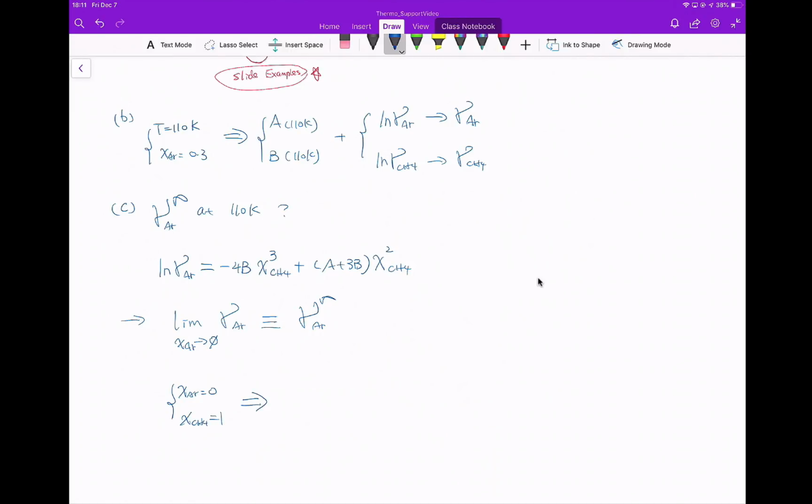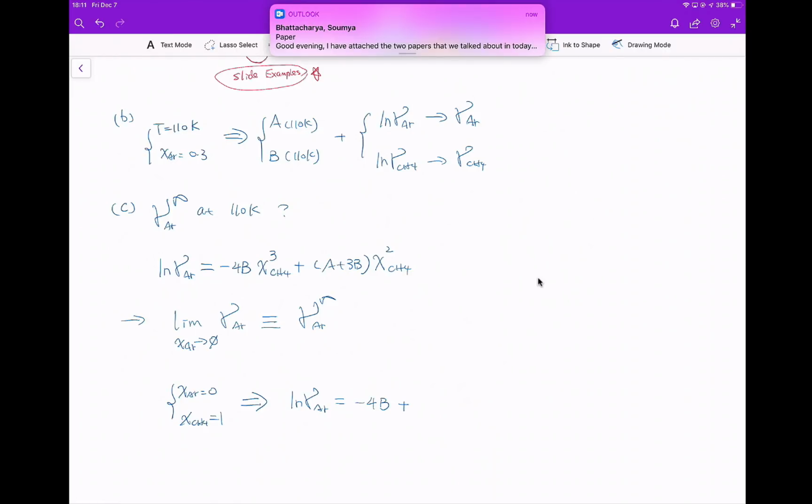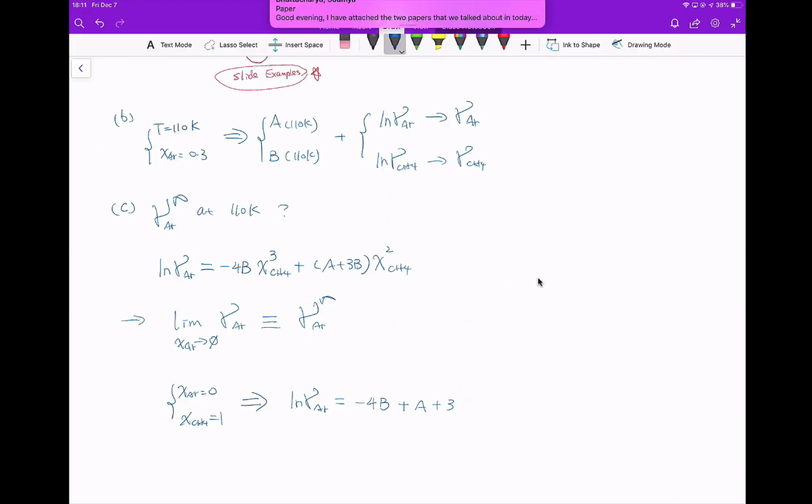Then we put this back to have log activity coefficient of argon will be negative 4B, this is 1, plus A plus 3B.